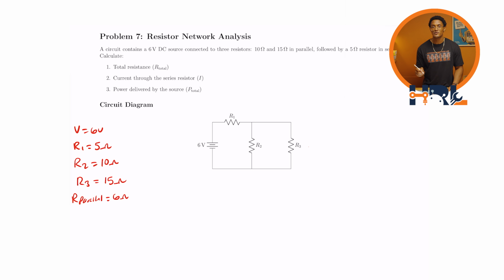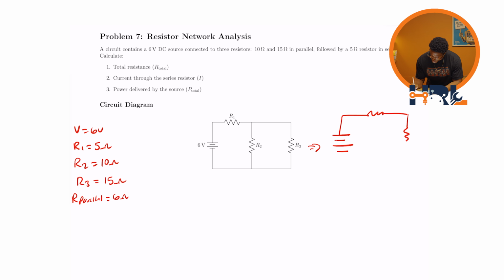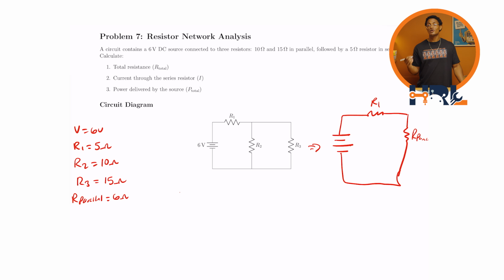Okay, so now we can redraw this circuit in its simplified state. We have our battery connected to the resistor right there, resistor right here. There we go. So now this is our parallel, and this is R1. Now we can sum up the resistances here, because now we have a series circuit, to get the total resistance in the circuit.